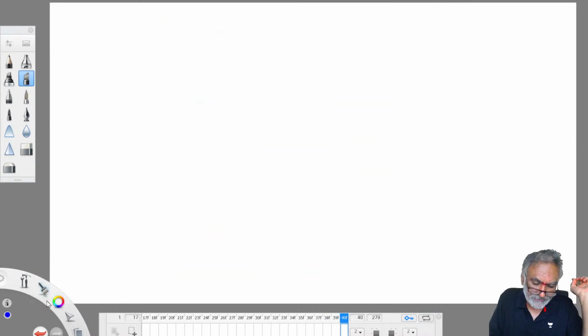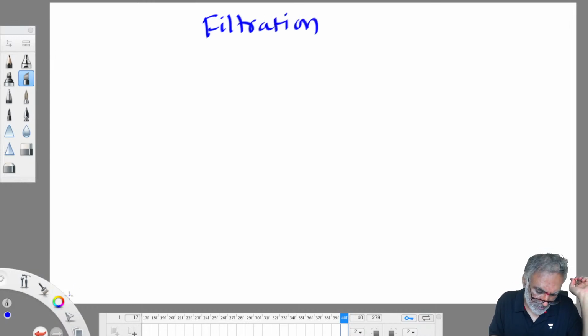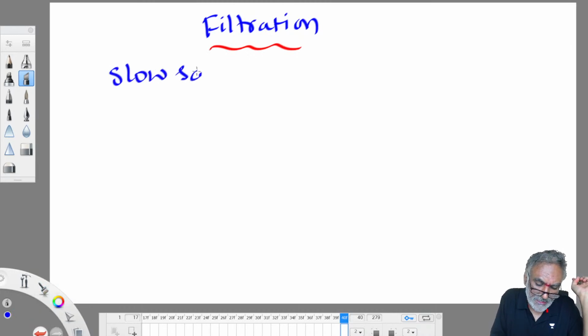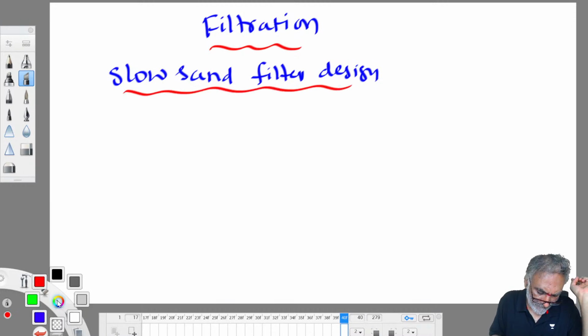Coming to filtration. For slow sand filters, just fixing the dimensions, slow sand filter design. Any filter is designed based on rate of filtration.